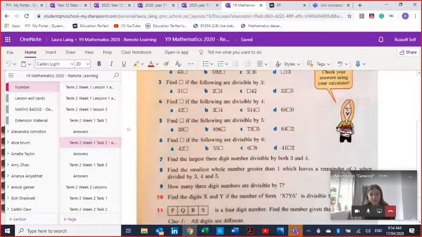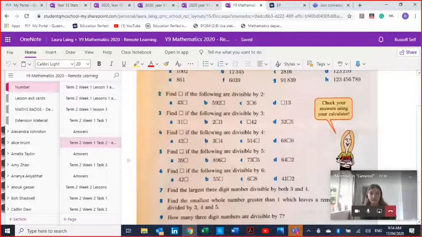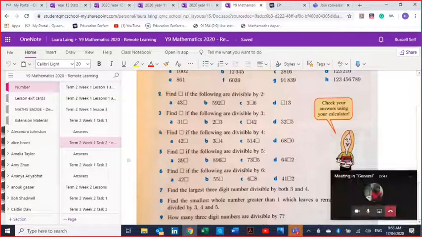So let's see. Is 43 divisible by 2? No, because it's not even, right? No, I think you have to add a digit in. Oh, okay. Find the blank if the following are divisible by 2.